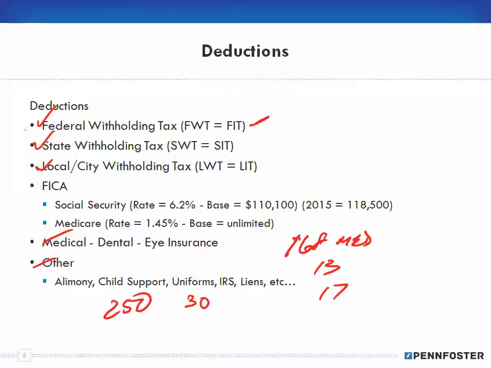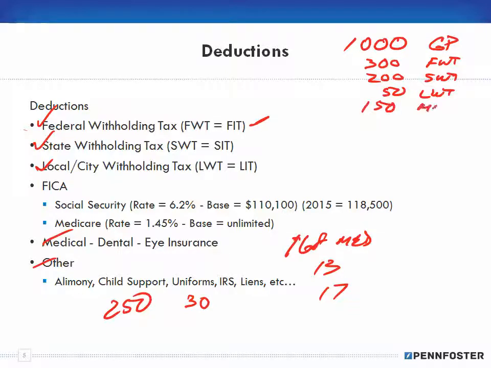So, if I were paid $1,000 for the month as my gross pay, maybe I had $300 for federal, $200 for state, $50 for local, $150 for medical insurance, $10 for eye, $10 for dental, and say $30 for uniform.